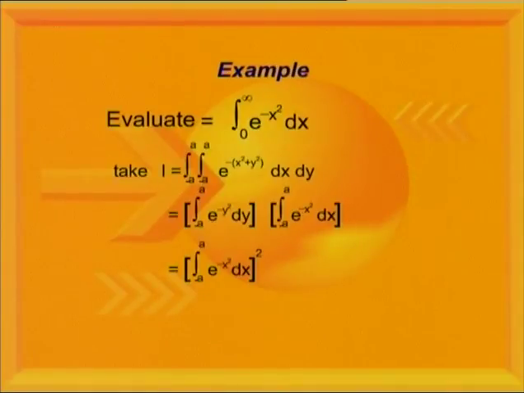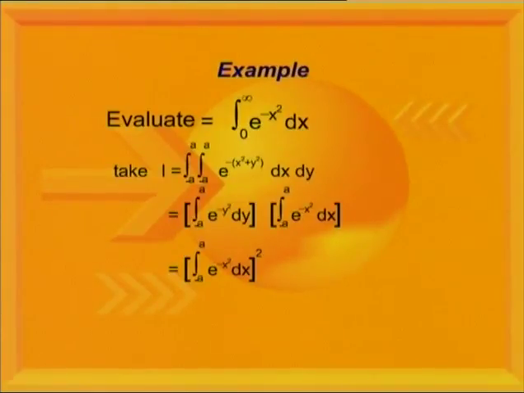We can write it in this way, because it is e raised to power minus x square into e raised to power minus y square. These are the product of two functions, but one function is with respect to y, the other with respect to x. If you integrate with respect to x, the function involving y will be just a constant.